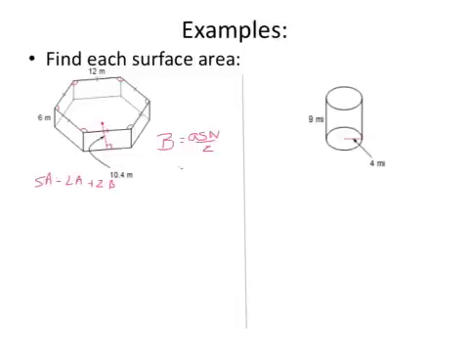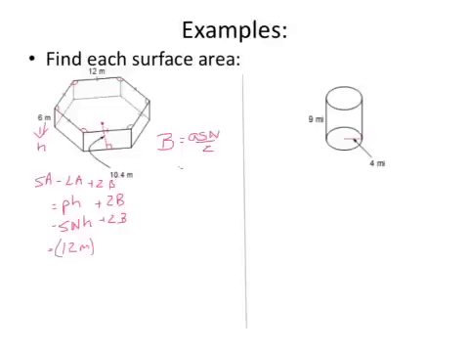Okay? Now my lateral area is just going to be my perimeter times my height. Now we can see right here, this is my height, and my perimeter is just going to be the side length times the number of sides, right? So my side length is 12 meters, right?